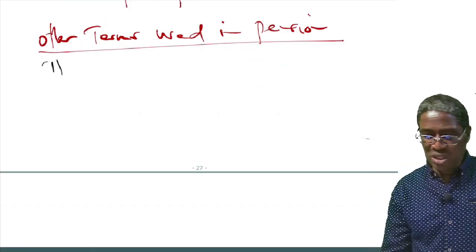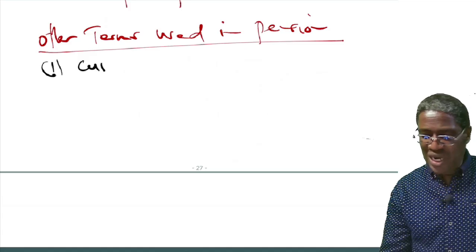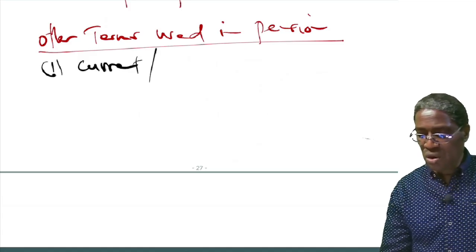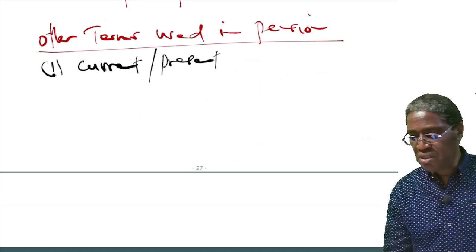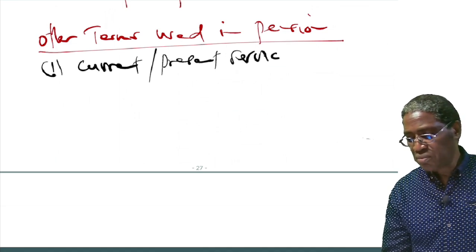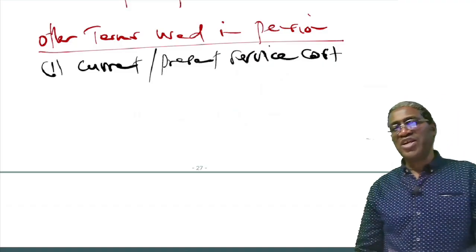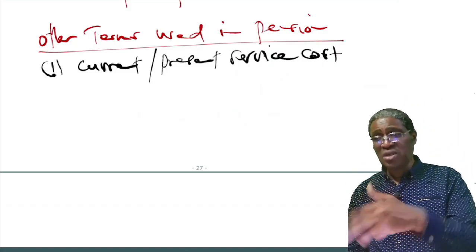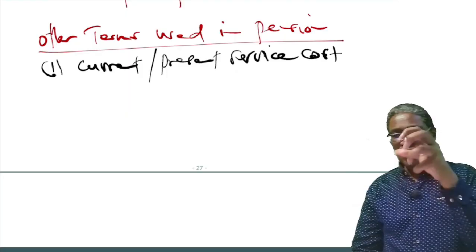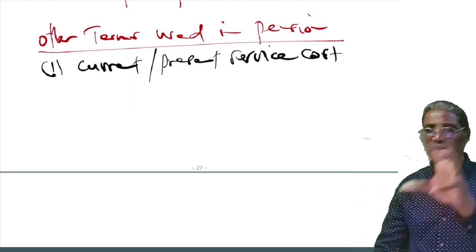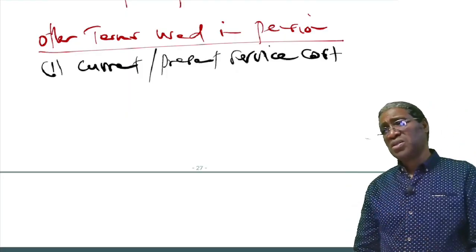Good. Number 1 is what we call current, or we also call it present, service cost. That's one of the terms you may be told to define, and we shall also be using it in our calculations. You will be hearing me saying current service cost, or present service cost.